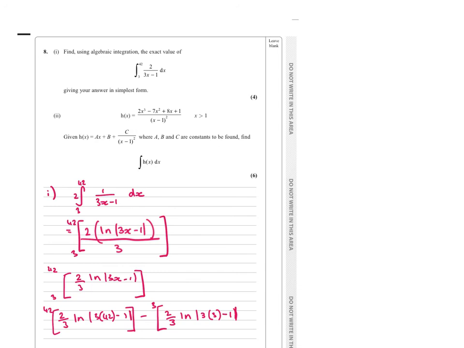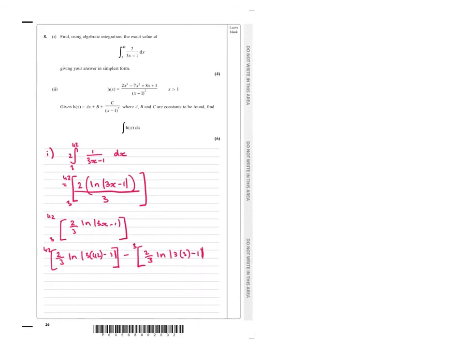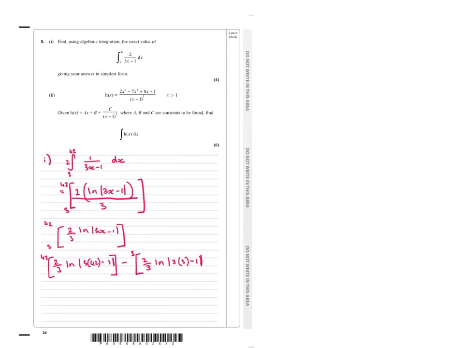3 lots of 42, if I put this up here, so in our first bracket we're going to get 2 over 3 ln of 42 times 3, which is 126, 125, minus 2 over 3 lots of ln 8.